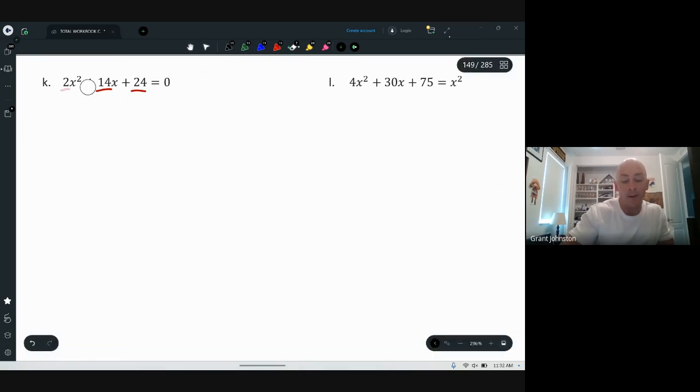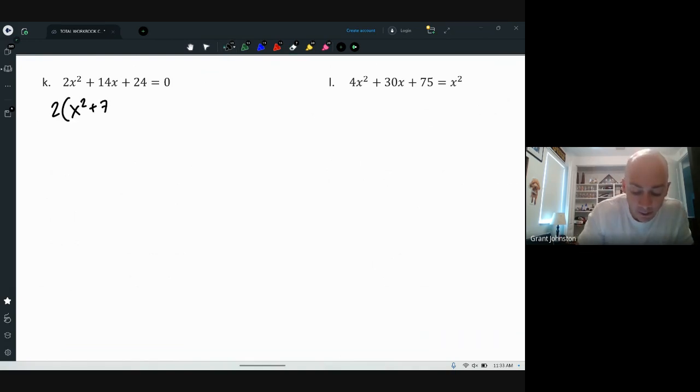We can factor a 2 out to make this a bit easier. So if I factor 2 out, I would have x squared plus 7x plus 12. We don't really even need to write that 2 anymore. We could have divided the 2 from both sides to make that easier, but I'm going to leave the 2 there.